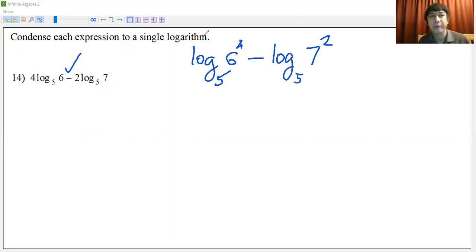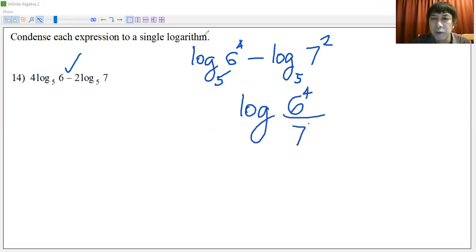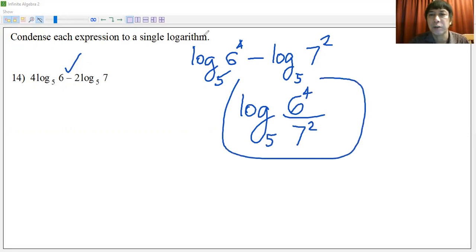So logarithm of 6 to the 4 minus logarithm of 7 squared, base 5. This will now be expressed as a ratio. We can now express this as one logarithm of 6 to the 4 divided by 7 squared, base 5. And this must be it.